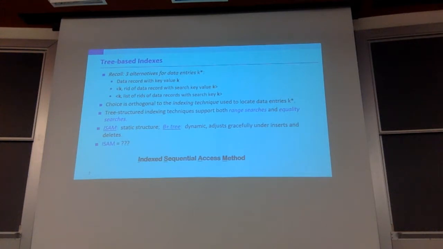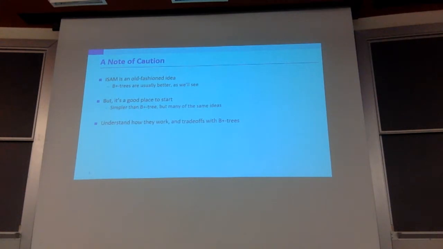So before we go into the B plus tree, we will first talk about a simpler version of that, the ISAM. A little note of caution. As I said, ISAM is a really old-fashioned data structure, so usually you do not have any reason to use ISAM in today's applications.